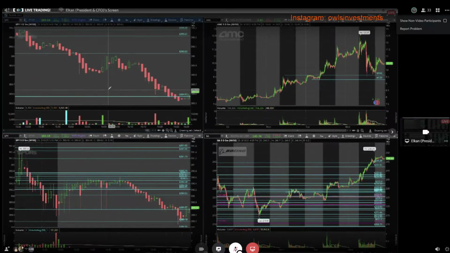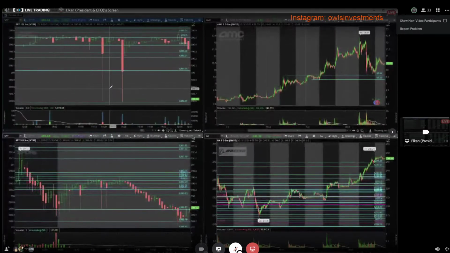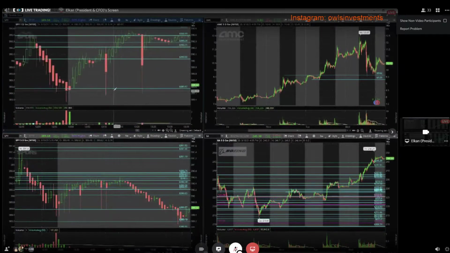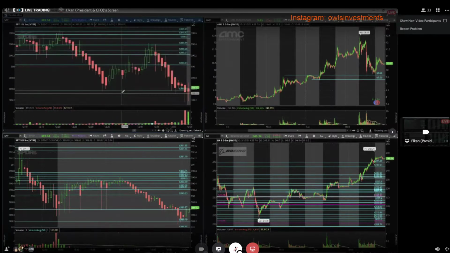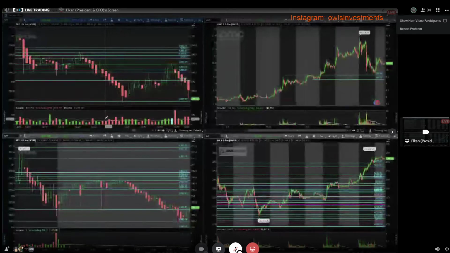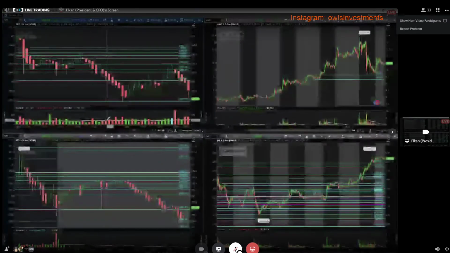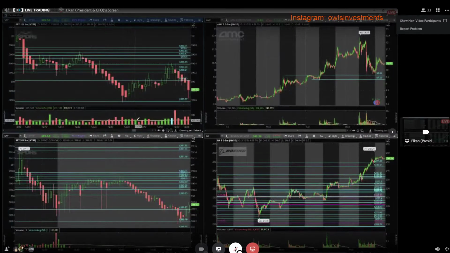Let's go way back when actually there was volume and spike during the day. So you see this yellow line here, that's going to be the average. Every single one of these bars is 1 minute.